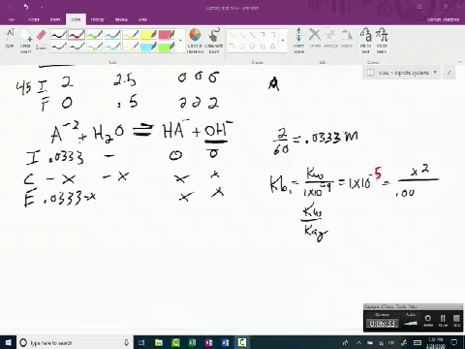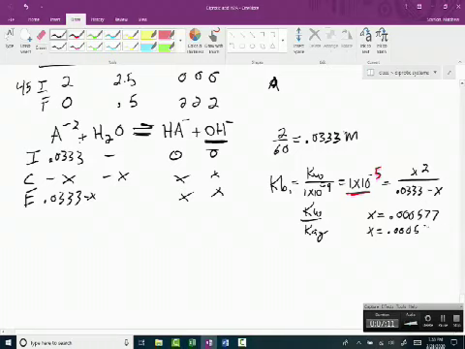Hang on. It's 1 times 10 to the minus 5. I can't do math. That's equal to x squared over 0.0333 minus x on the bottom. When you solve that, you get x equal to 0.000577, and I did one more successive approximation, 0.005720. That's good enough. We're done.